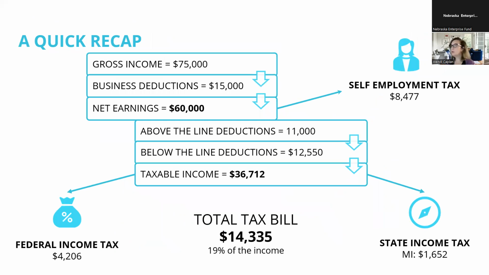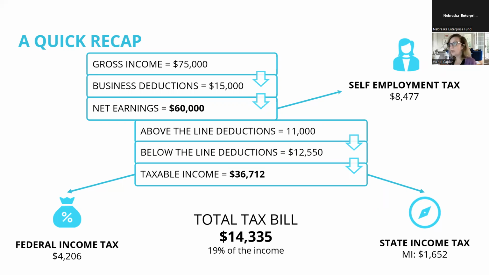So here's a quick recap, and this was based on a business owner in Michigan. The gross income was $75,000, $15,000 in deductions, $60,000 in net earnings. Boom, we know that we owed $8,400 in self-employment.